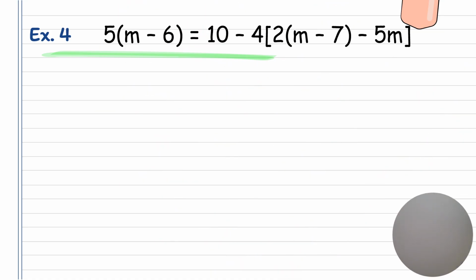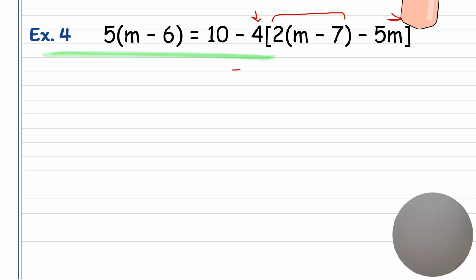All right, for this one, it looks like we have some groups going on. We have this group, and then we have this group over here, which also has this group inside. So I'm going to work with this one first, since it's inside of this bigger group with these square brackets.